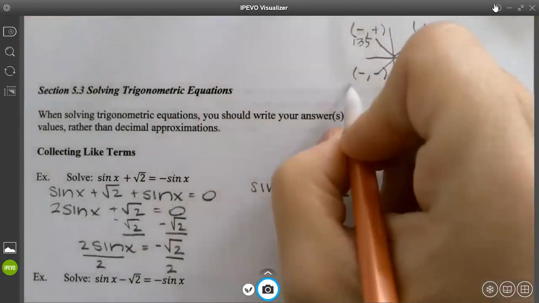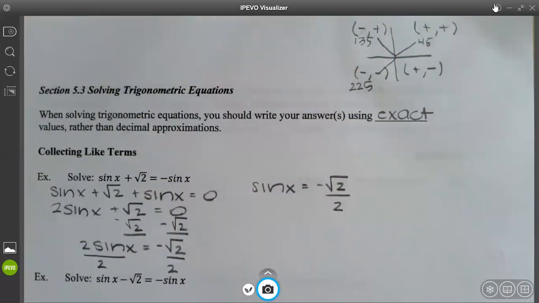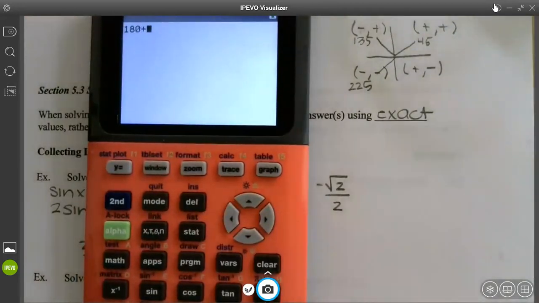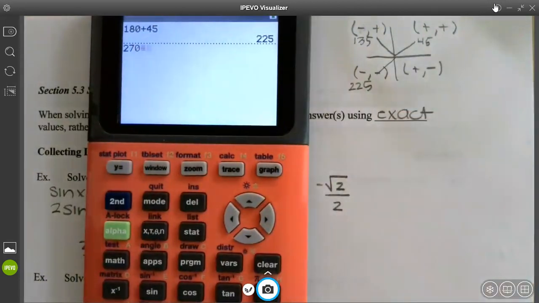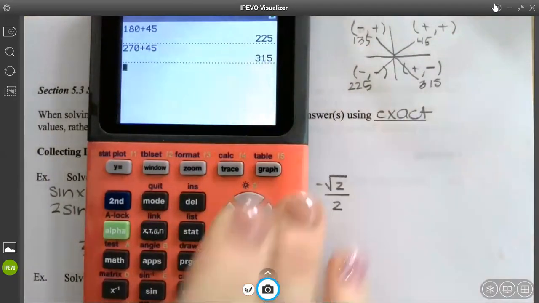What would that one be? Are y'all questioning it like you're not sure? How would I find that actual degree, for those people that are like, I don't know where they're getting this? 180 plus 45, 225. Then I would do 270 plus 45 to get this one, which is 315.